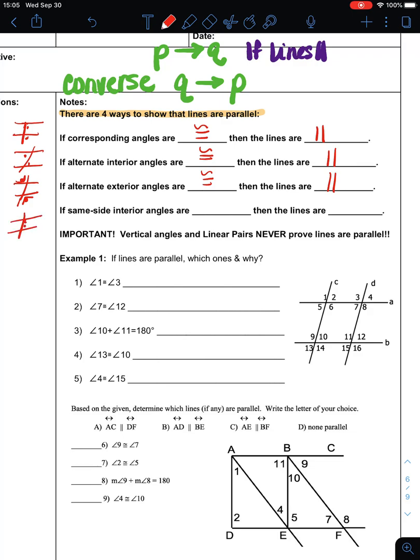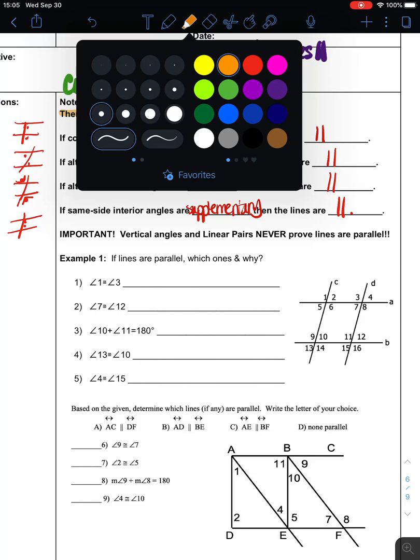And lastly, if same side interior angles, which would be these two, for example, are supplementary, or if they equal 180, then the lines are parallel. So we're just using the converses of what we've already learned.